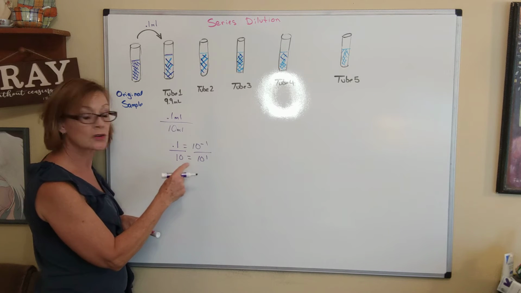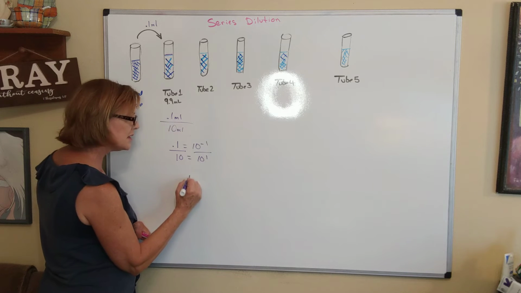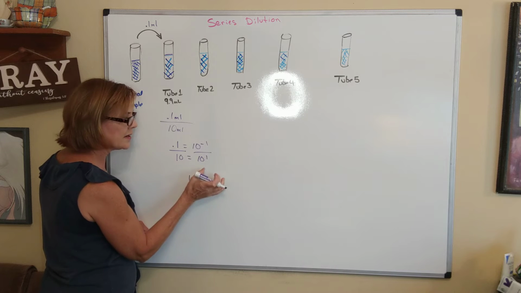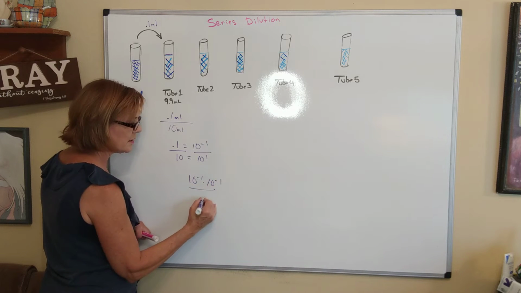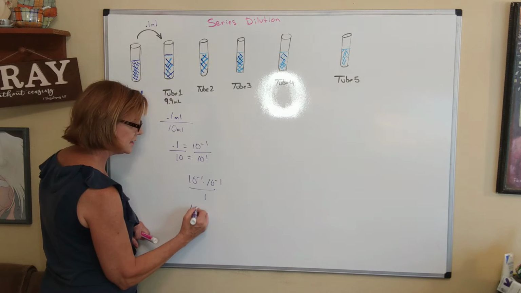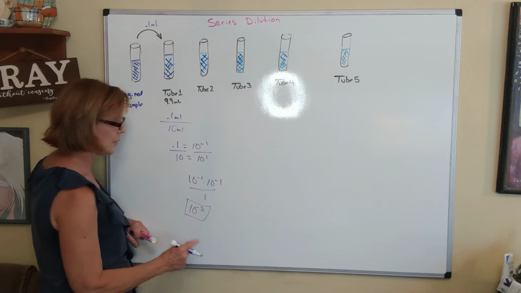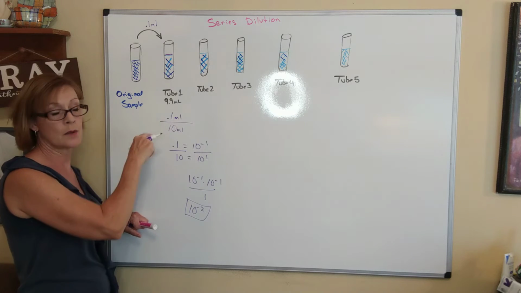You could use your calculator to figure this out, but I talked about crossing the fraction bar. So we have 10 to the negative 1. If we raise the denominator upstairs, it becomes 10 to the negative 1 over 1, and you can add exponents. This becomes 10 to the negative 2. So 10 to the negative 2 is the dilution factor for this test tube number 1. That's how they get that number.